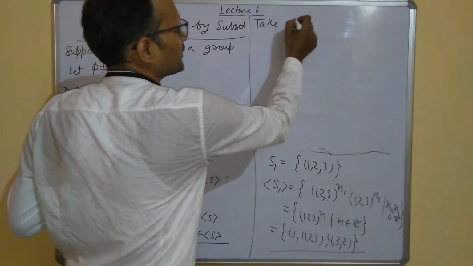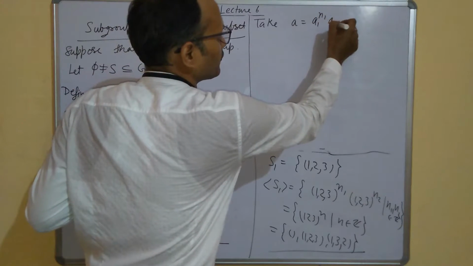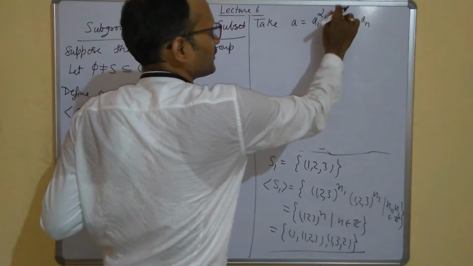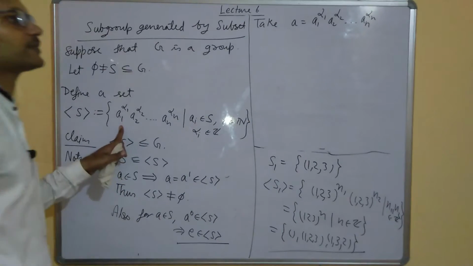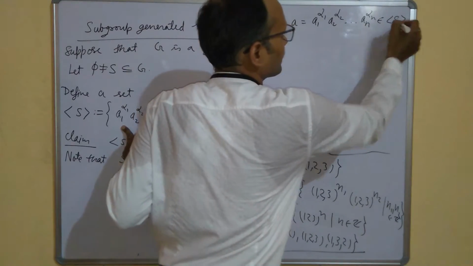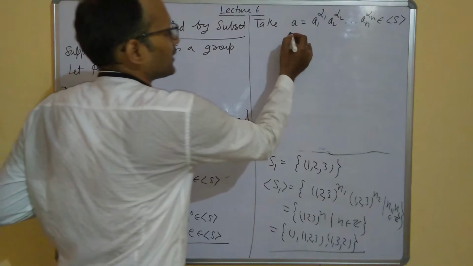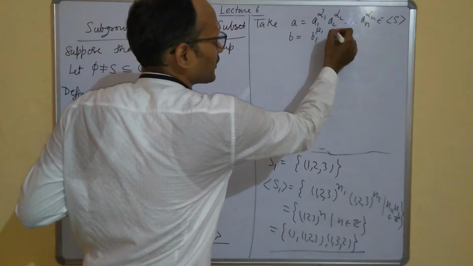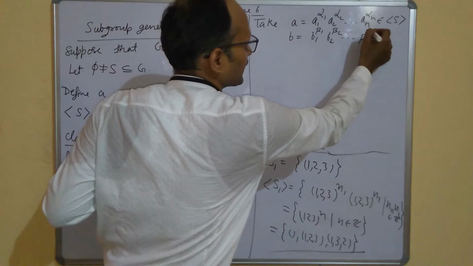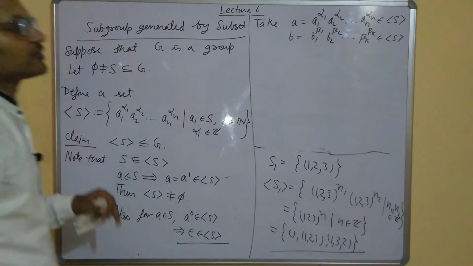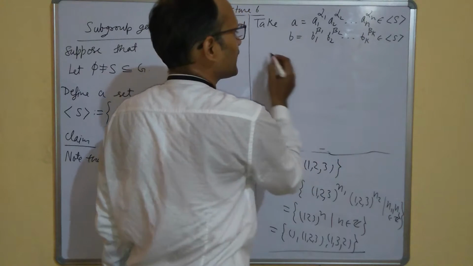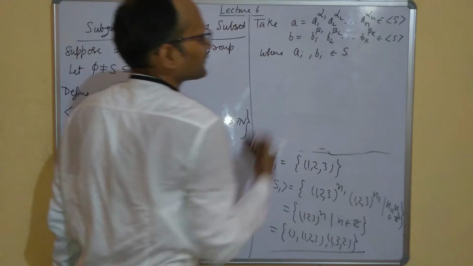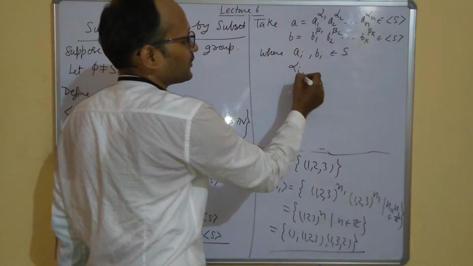Take one element to be A equal to A1 to the power alpha 1, A2 to the power alpha 2, up to An to the power alpha n, in this set, and take another element B equal to B1 to the power beta 1, B2 to the power beta 2, up to Bk to the power beta k in this set, where the Ai's and Bi's belong to S. And what are alpha i and beta i?